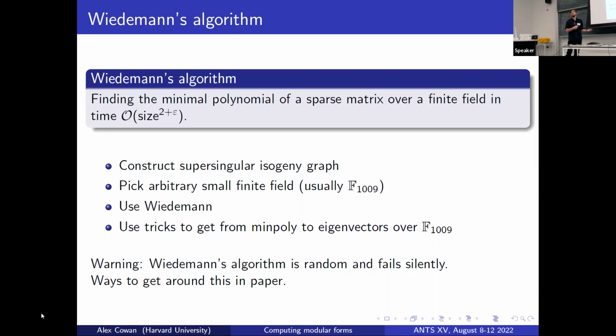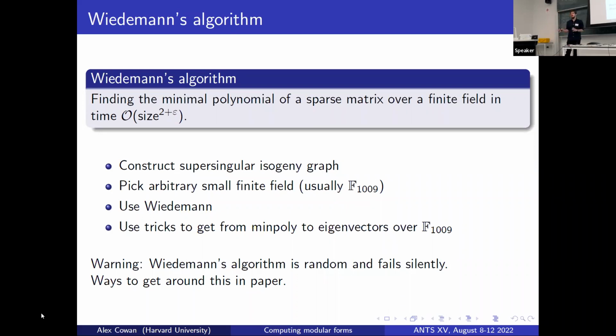And then the third caveat for Wiedemann's algorithm is that it gives you the minimal polynomial of your matrix. It doesn't give you the eigenvectors, which is what we want. It turns out that that's really not a big deal. Once we have the minimal polynomial, we can just do a little bit of extra work and get the eigenvectors without too much trouble.